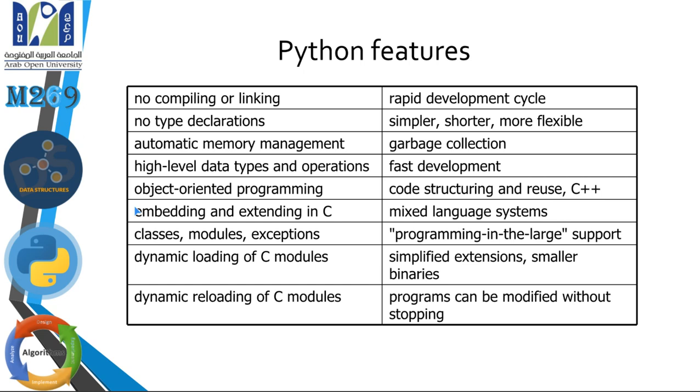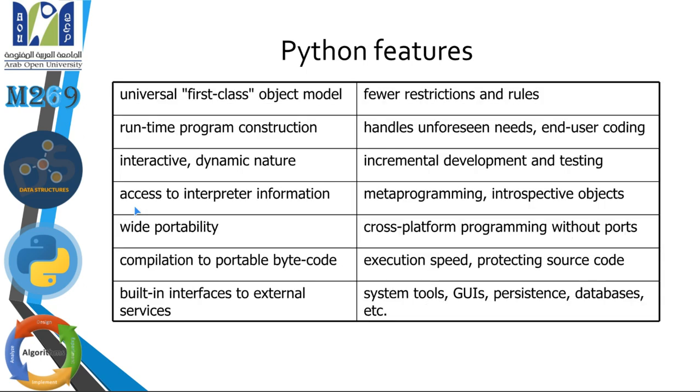Here is just a summary of the most important, attractive features of Python. There is no compilation or linking. They don't care about declaration. And I think since all of you have already covered this course before, you should be familiar with the power of Python compared to other programming languages.